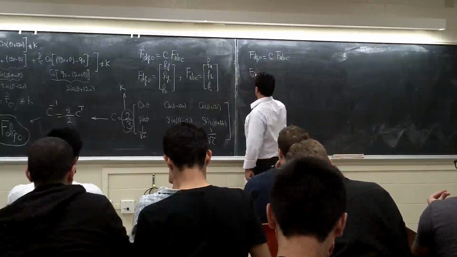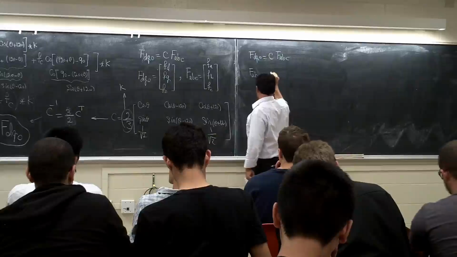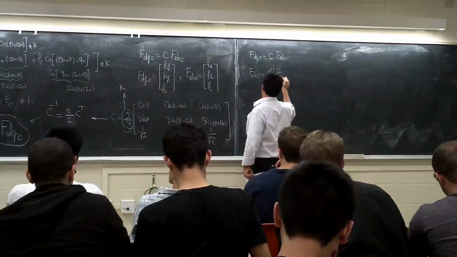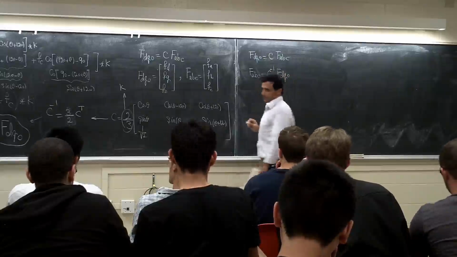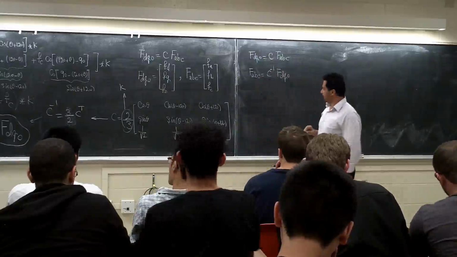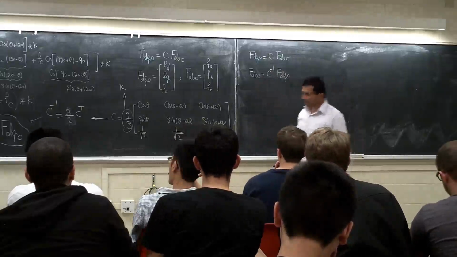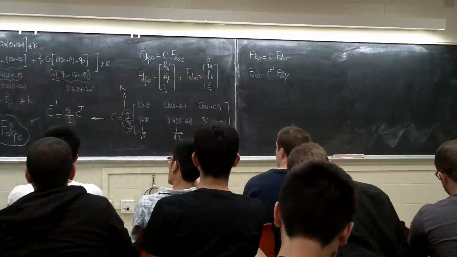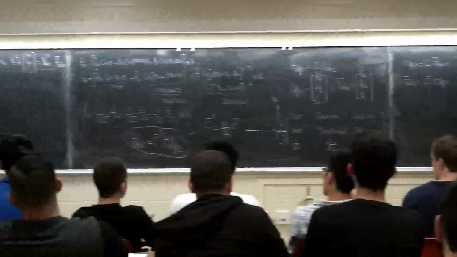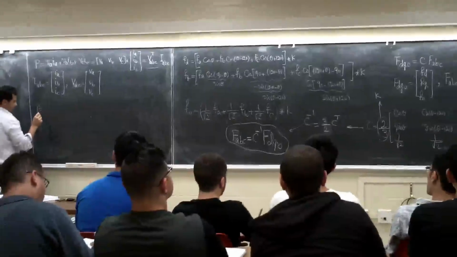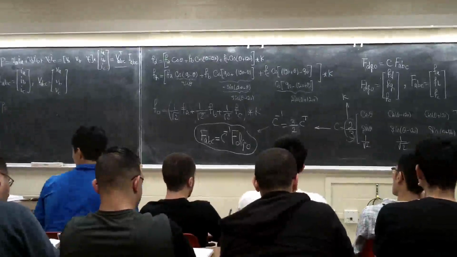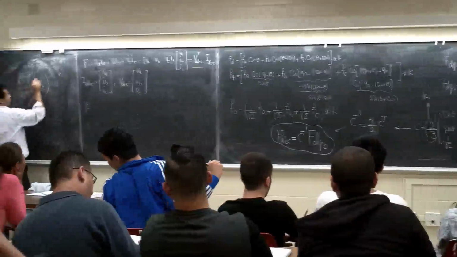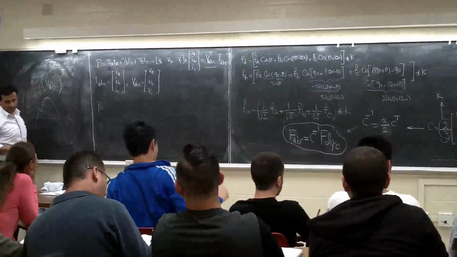And FABC is C minus times FDQO. This is what we have. Now, if I want to replace this one, how much is the VABC transpose? I'll put it this way.